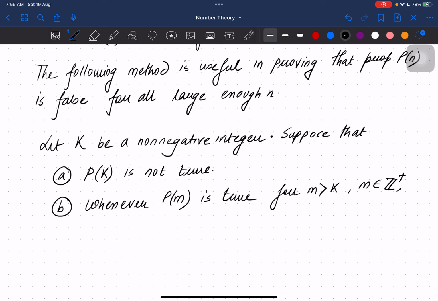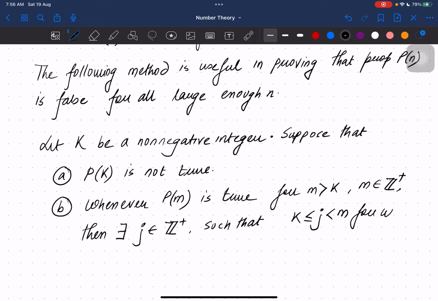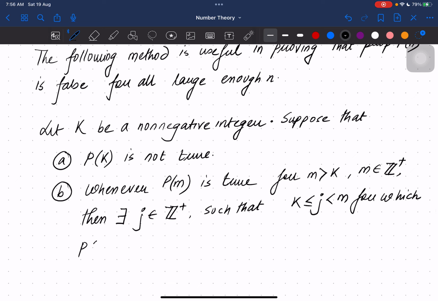then there must be some smaller value j. So there exists an integer j such that j lies between k and m, for which the proposition is true, that is, Pj is true.